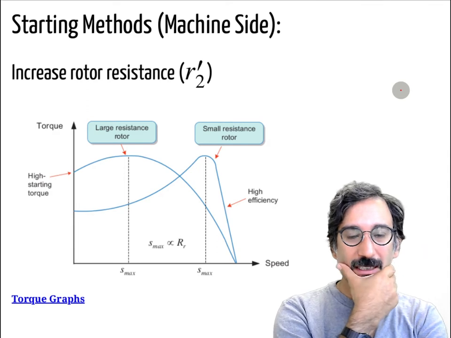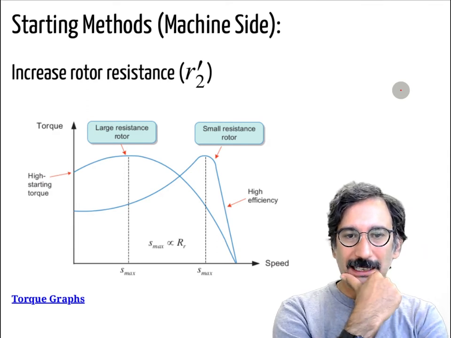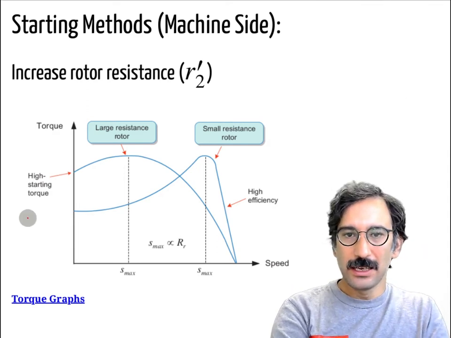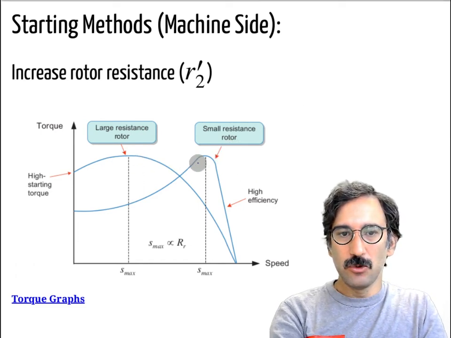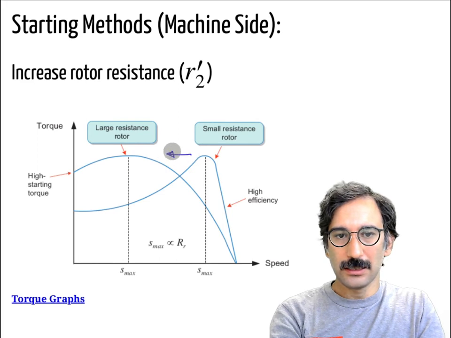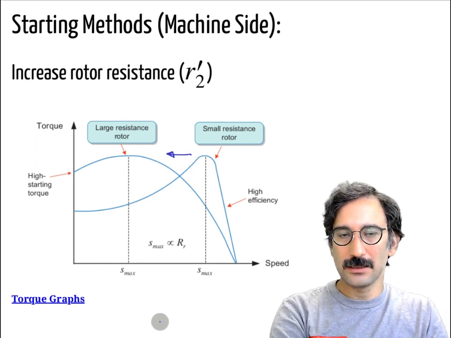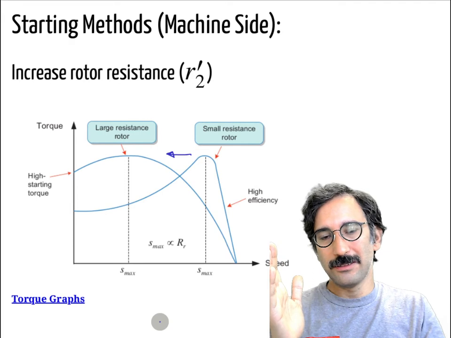That can be applied in different ways, but the idea is if I somehow increase the rotor resistance, then I can move that torque characteristic to the left-hand side.